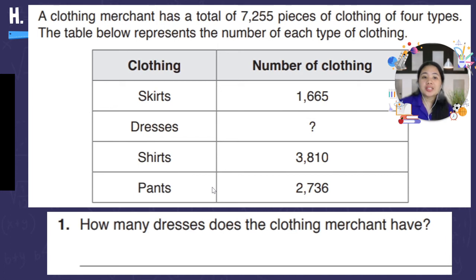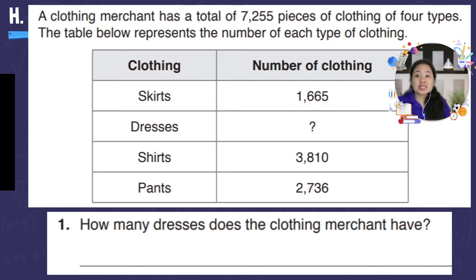As you can see in the problem, we have skirts, dresses, shirts, and pants. Before we answer, there is something wrong with this problem because the amount in the sentence above is wrong.